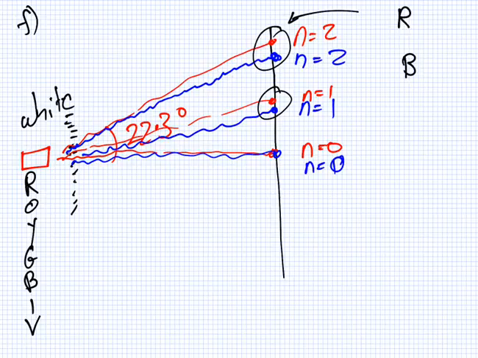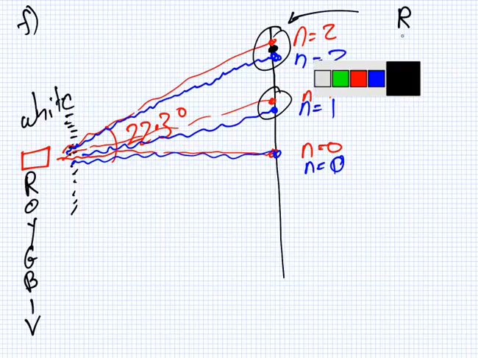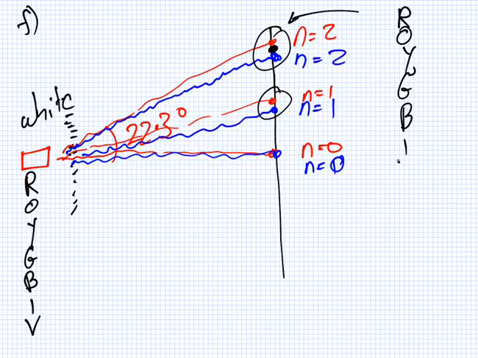So this one is for the red. What is it for the blue? 17.69 degrees.